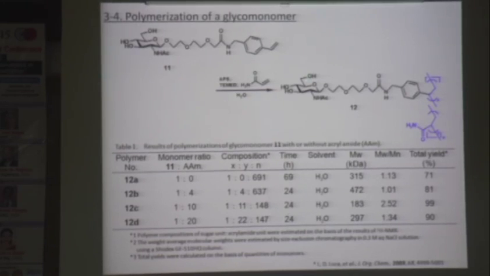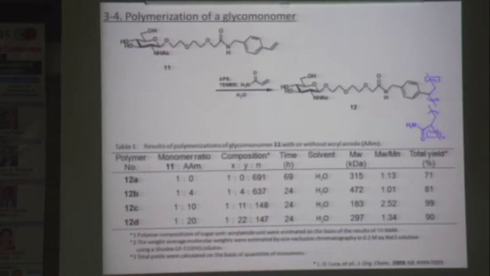Carbohydrate monomer 11 and an appropriate amount of acrylamide were polymerized to give us the corresponding glycopolymers 12A to 12D. The results of radical polymerization are summarized in Table 1. 12A is a mixture of compound 11 and acrylamide in the ratio of 1:0. 12B is 1:4, 12C 1:10, 12D 1:20.